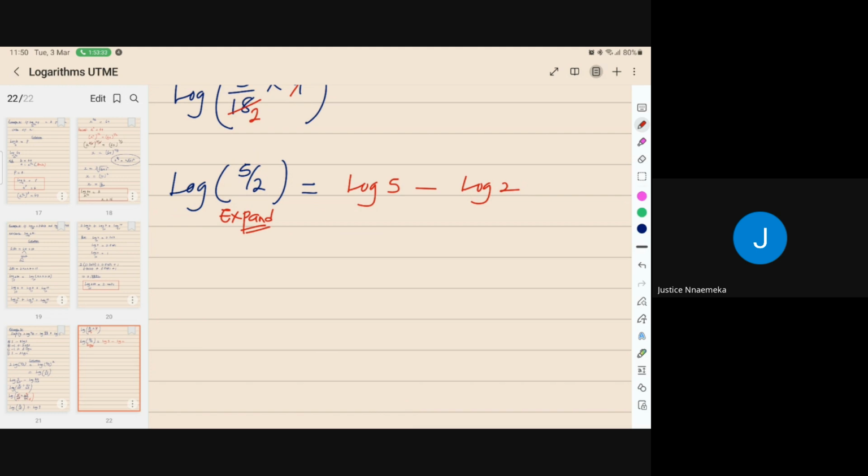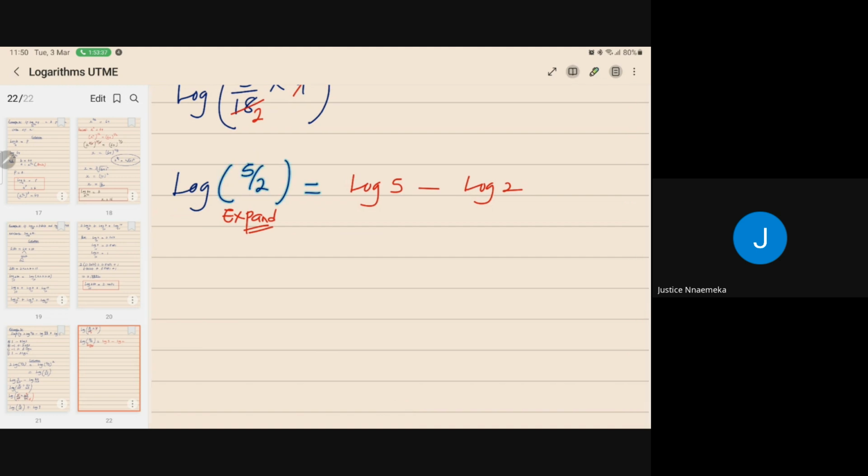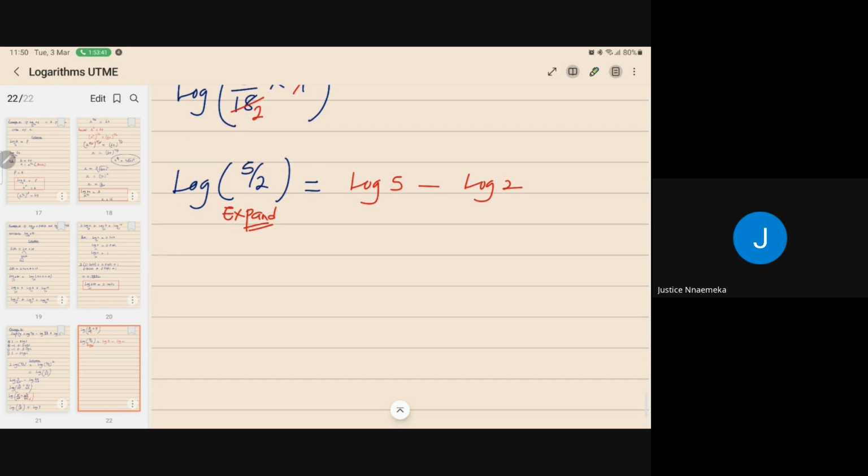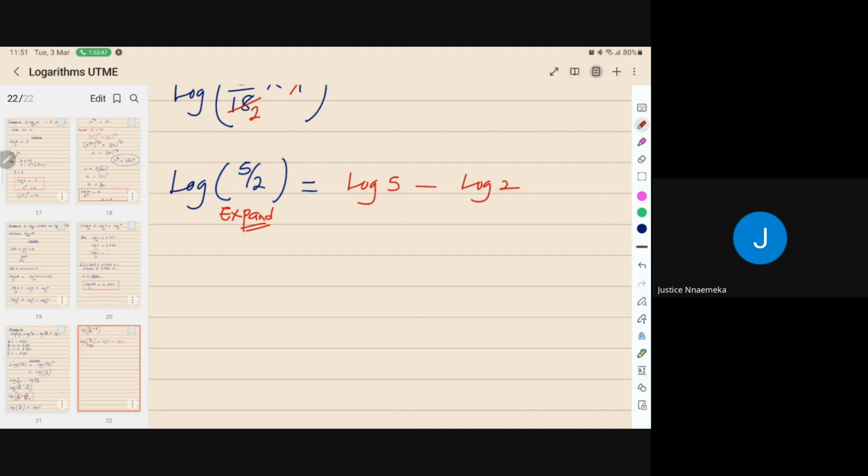I'm still trying to see how we can break this down further. This is a 2021 past question actually, so I have to break that down. Now, what if I do this? Remember that this is the same thing as saying log 10 of 5 minus log 10 of 2. So what can we do?